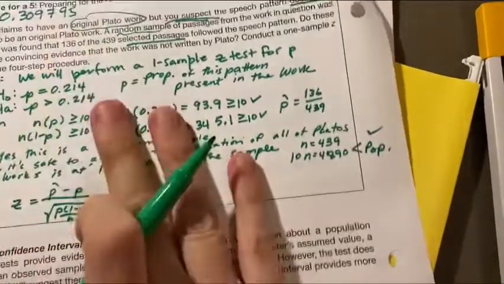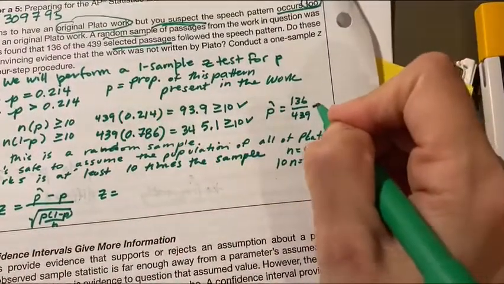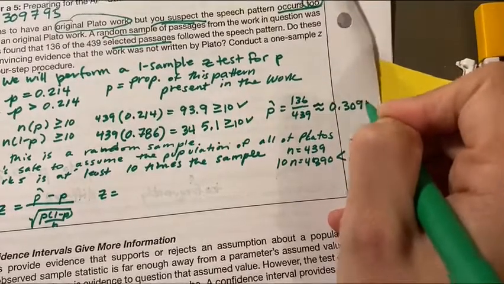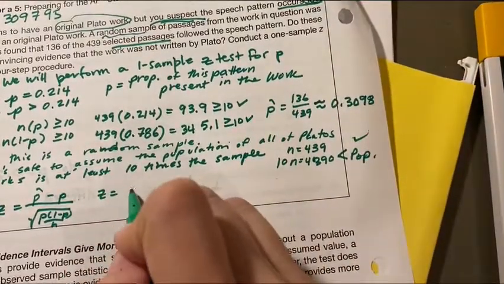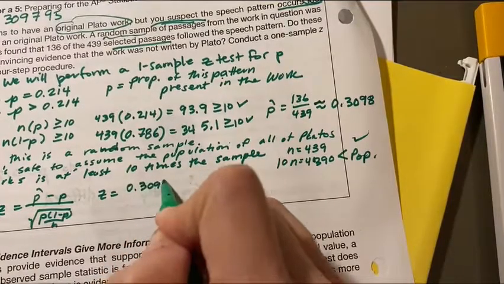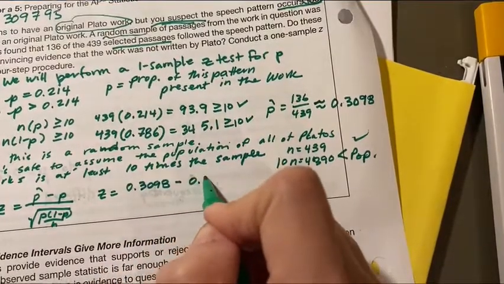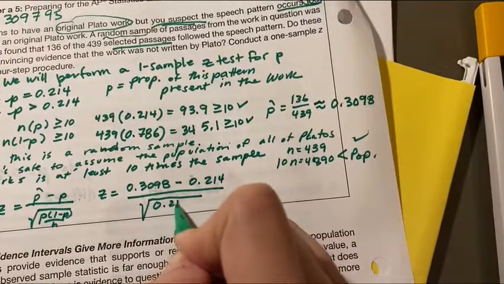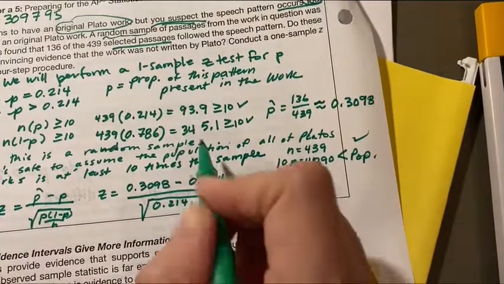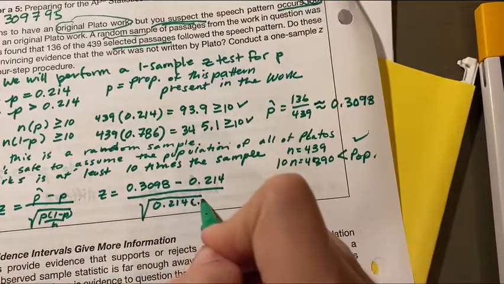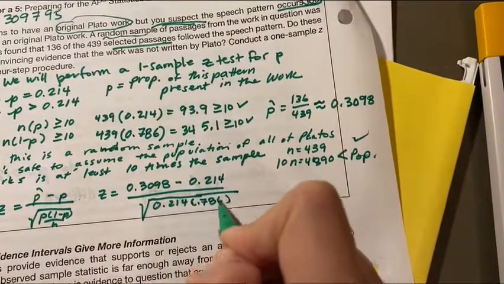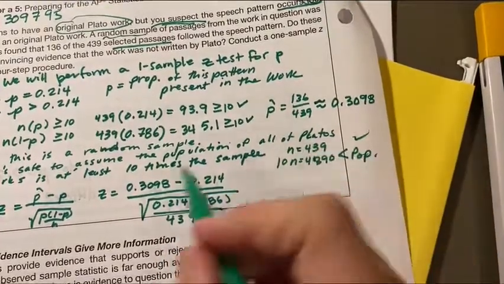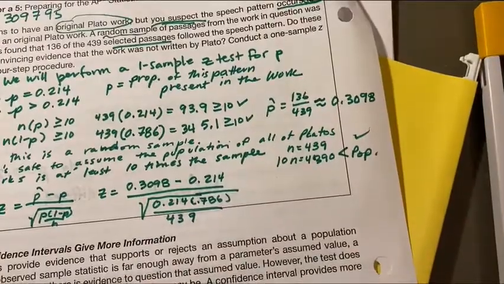And I calculated it up there, so it is approximately 0.3098 minus 0.214 all over the square root of 0.214 times 0.786 all over n, 439. And what does this z value turn into?